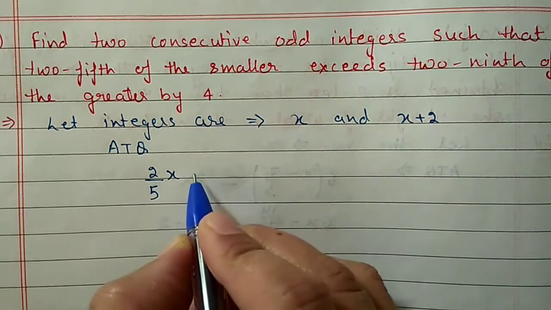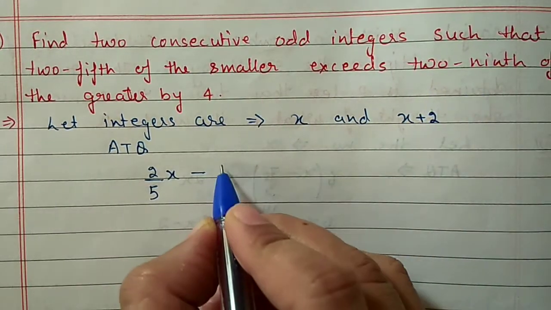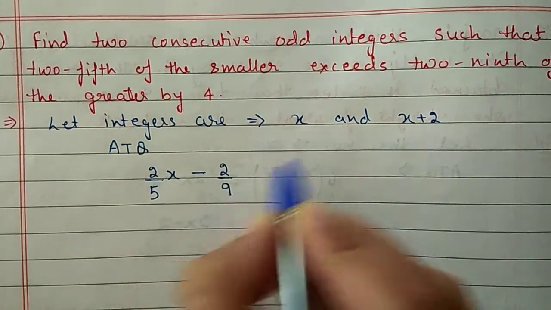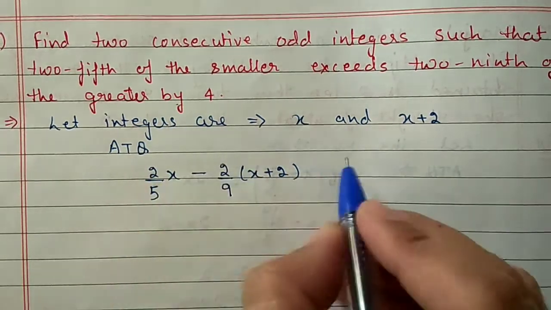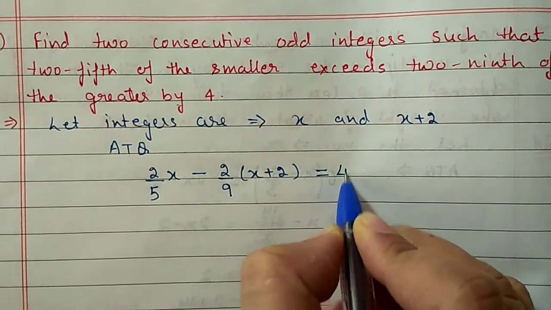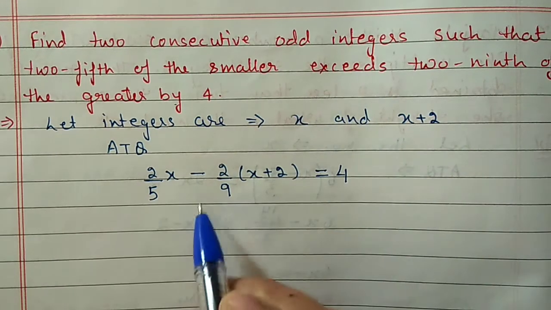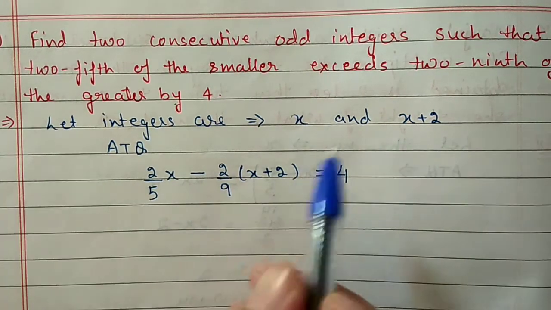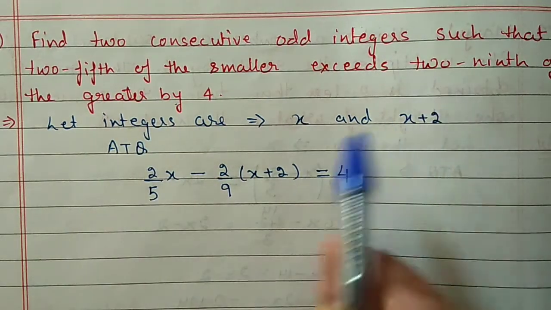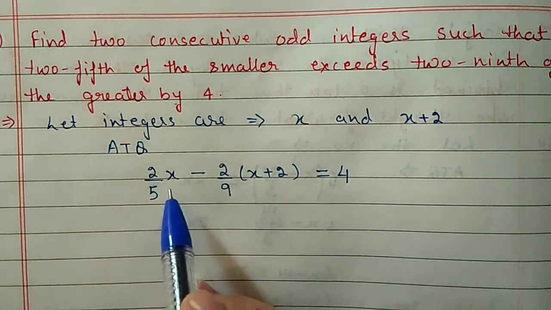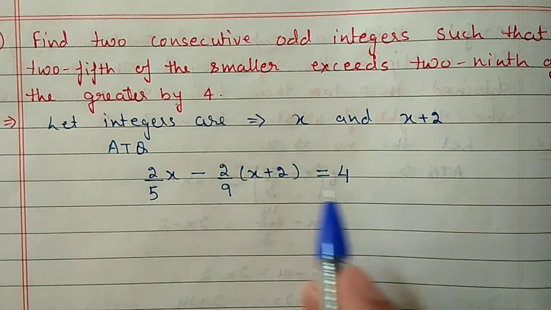Exceed means we should put a minus symbol. 2/9 of the greater number, 2/9 of the greater, this x plus 2, and it exceeds by 4, so equal to 4 we have to put. Always remember, exceed means we have to put a minus symbol. It means this number is greater than this number by 4. So if we take the difference between these two numbers, the answer will come 4.